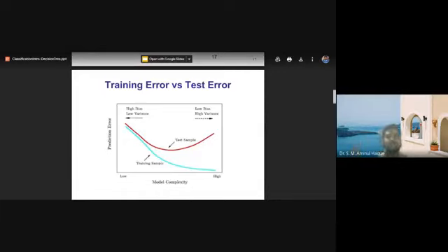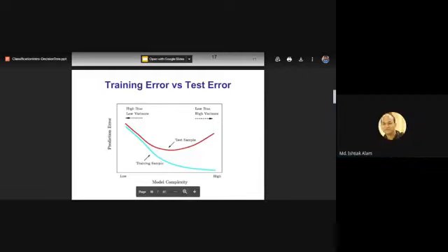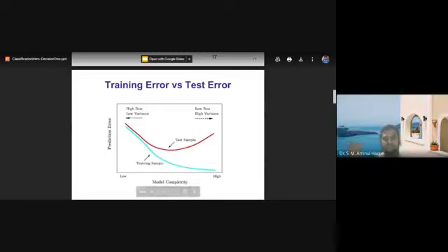But in terms of overfitting and underfitting, when model complexity is very low, prediction error is very high for both samples. So is this overfitting or underfitting? Underfitting, sir. Underfitting, exactly.